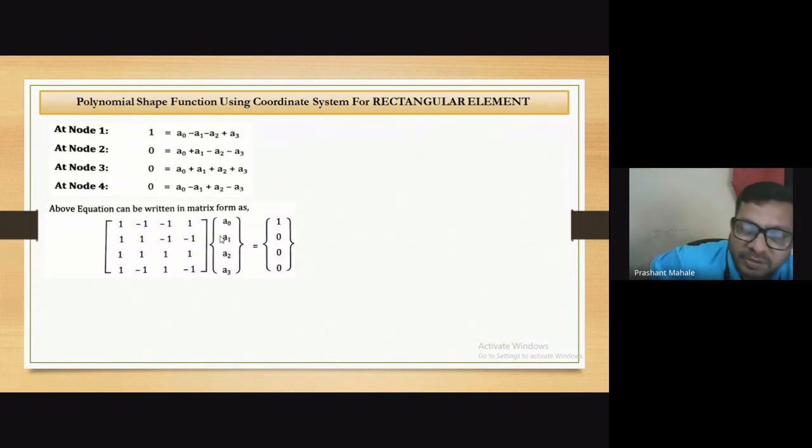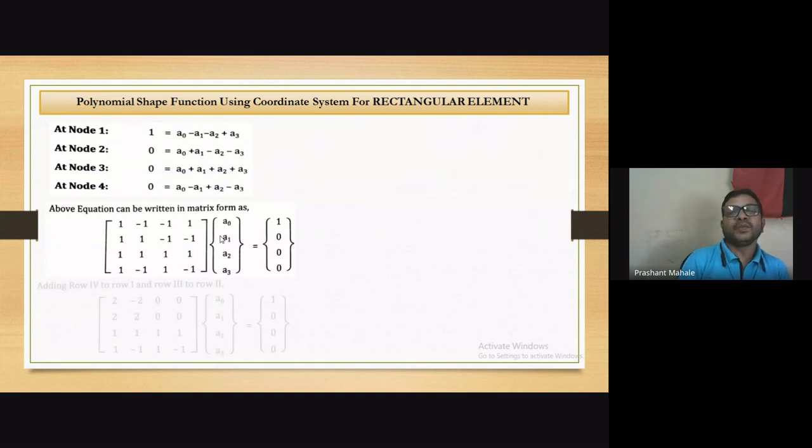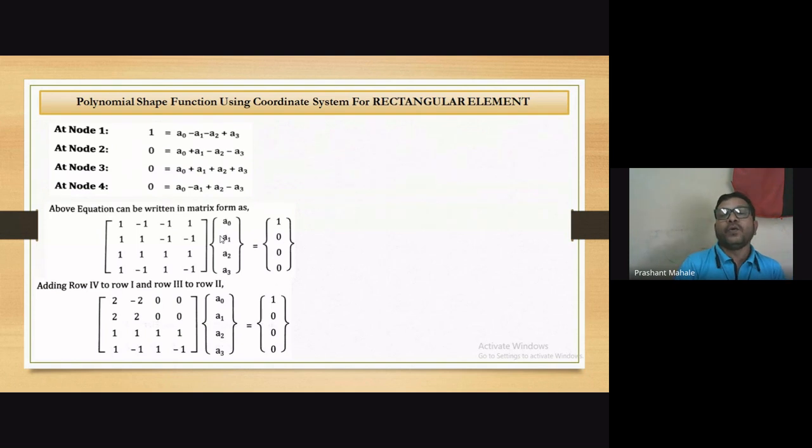So this is now converted to matrix form, and my target now is to find out the values of a1, a2, a3, a0. So what to do? As I said, and I'll repeat again and again in the coming sessions, go for revision of matrices, the concept of matrices. I'm going to apply it now. First, adding row 4 to row 1 and row 3 to row 2. These operations are possible in matrices.